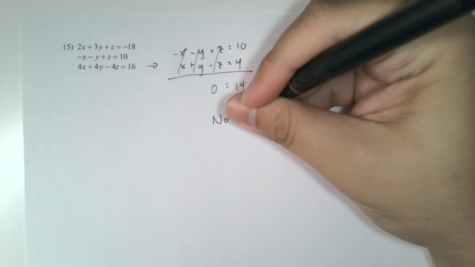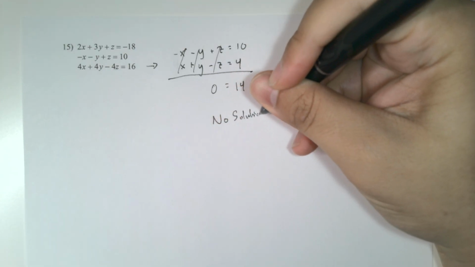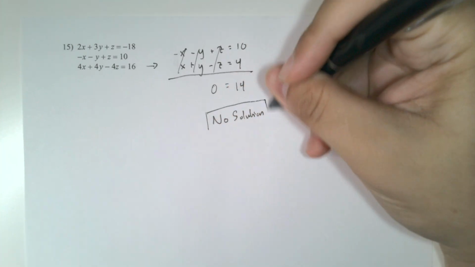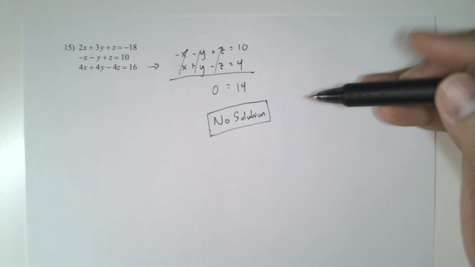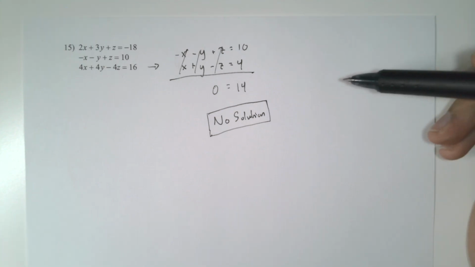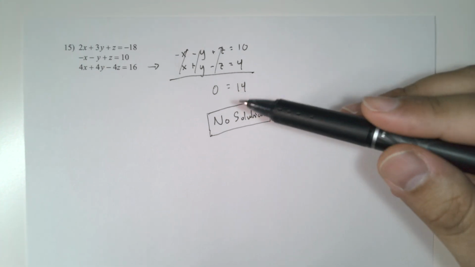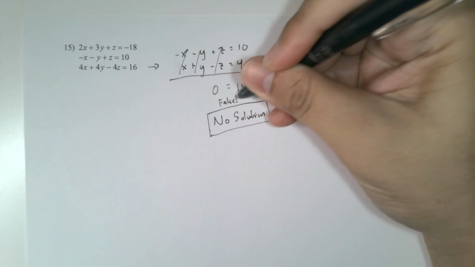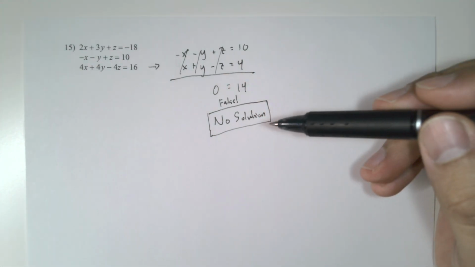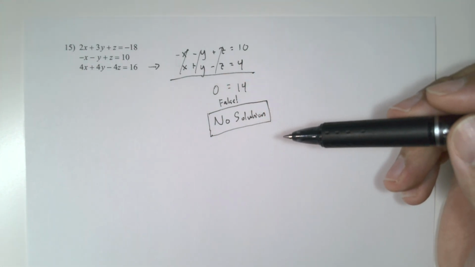So, unlike the infinitely many solutions case, we don't even need to check if we get another equation from another elimination. As soon as we get a false statement such as 0 is equal to 14, that's no solution. There's nothing else that we have to do. So this one is actually really quick.